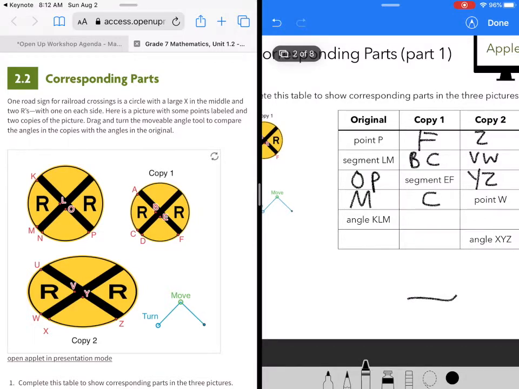Now, angles are named with 3 letters. So we're going to talk about KLM. So the L is where the corner is, or where the angle sort of makes its place. So that would mean ABC would be copy 1, and UVW would be copy 2.